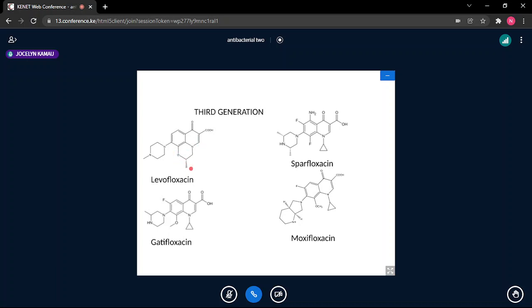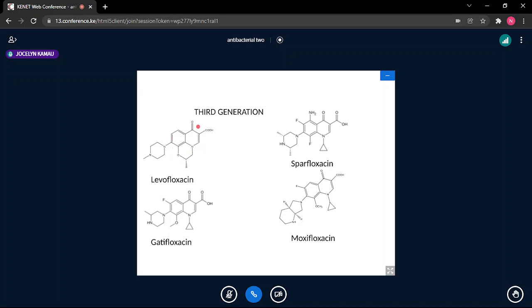Again, as I had said, look at that. This is the same group we were talking about. Fortunately, this one is drawn well. So that's the nitrogen. This is the group that has been joined here. This group joins position number 8 and position number 1 with an ether linkage, and therefore, instead of this drug being bicyclic as we had seen with ofloxacin, it becomes tricyclic.